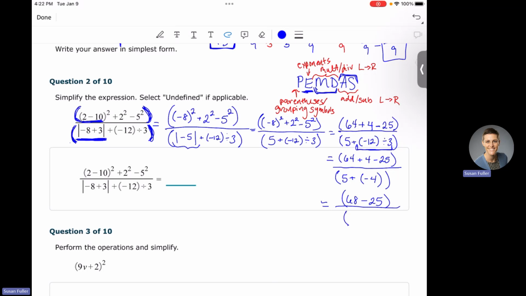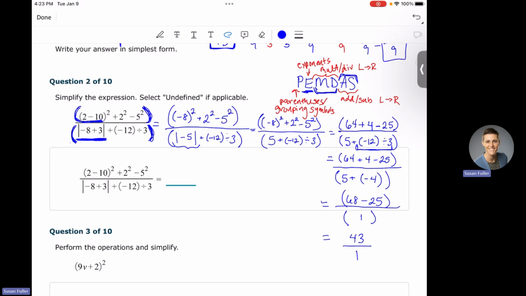We'll come back to that. And then on the bottom, I have 5 plus negative 4. 5 plus a negative 4 is the same as 5 minus 4, which is just 1. And then to finish this off on top, 68 minus 25, that's going to be 43. And then on the bottom, we just have 1.